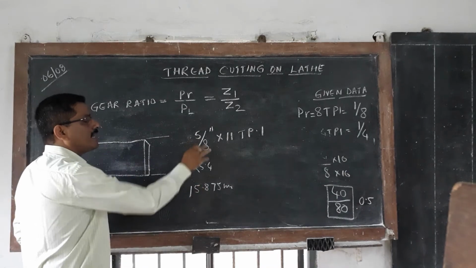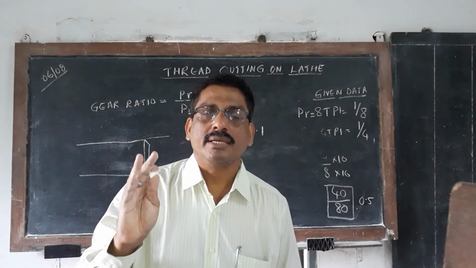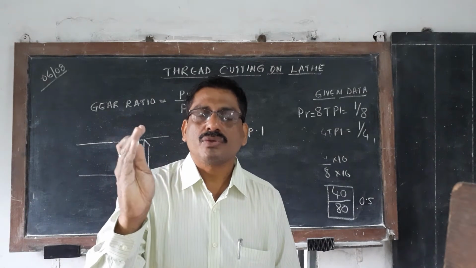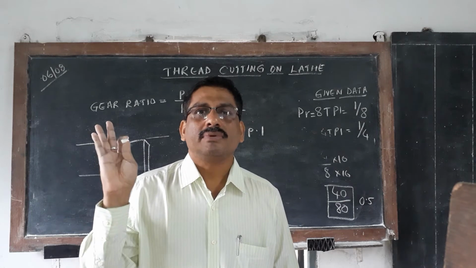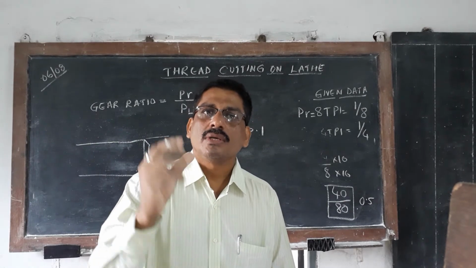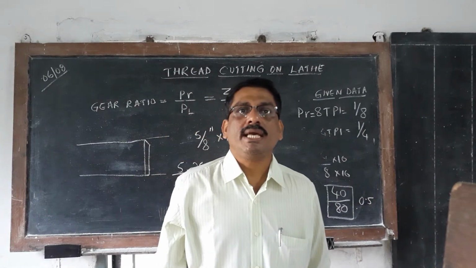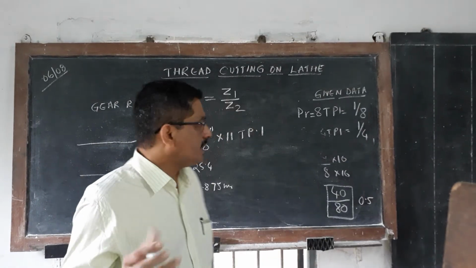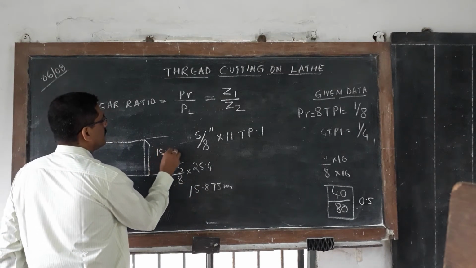It is a single point cutting tool. Here if the diameter is a little more also, no problem, because you are using a single point tool and you can adjust the depth. If you give a little more depth, then it will go easily. Then you can check with the gauge. So this diameter you have to maintain at 15.9.